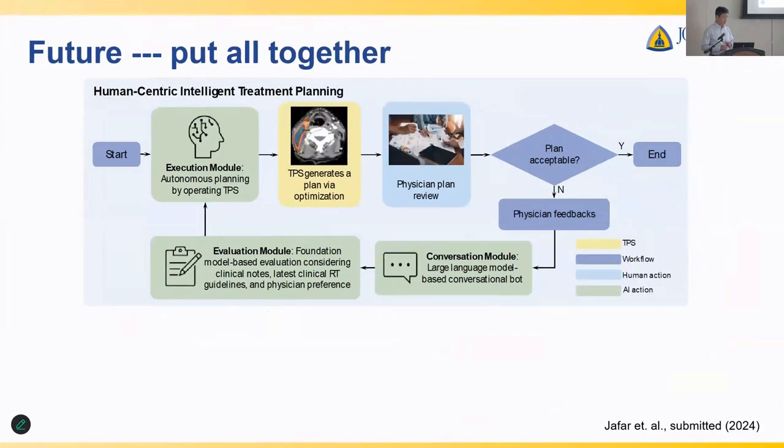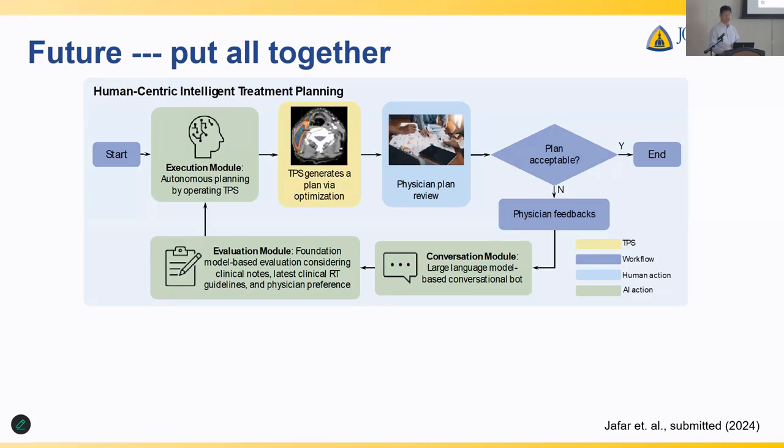And the future, we envision, is really to put everything I presented together, where we have an execution module to operate the treatment planning system, like a virtual planner. We have a decision-making module that can decide whether the plan is good or bad, and mimic a physician, and also a conversation module that can communicate with the physician in case anything needs to be done, in addition to what the automation, what the AI modules learned.